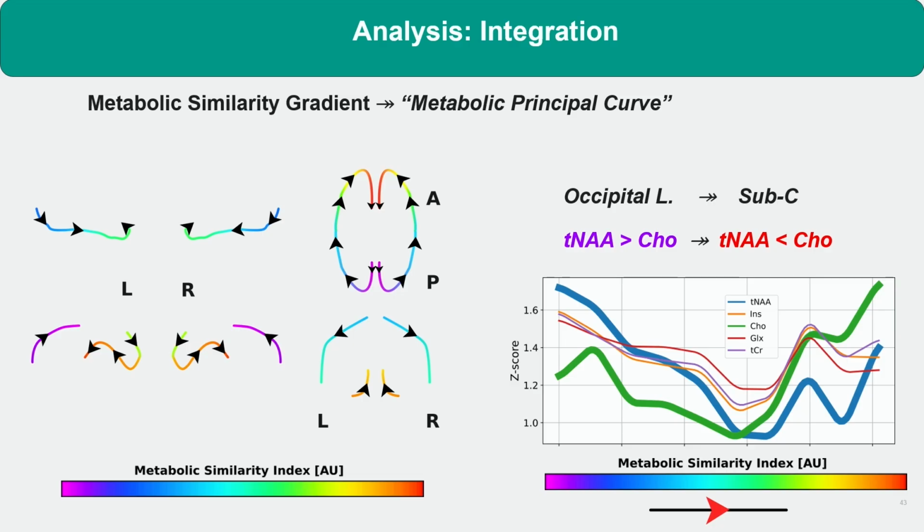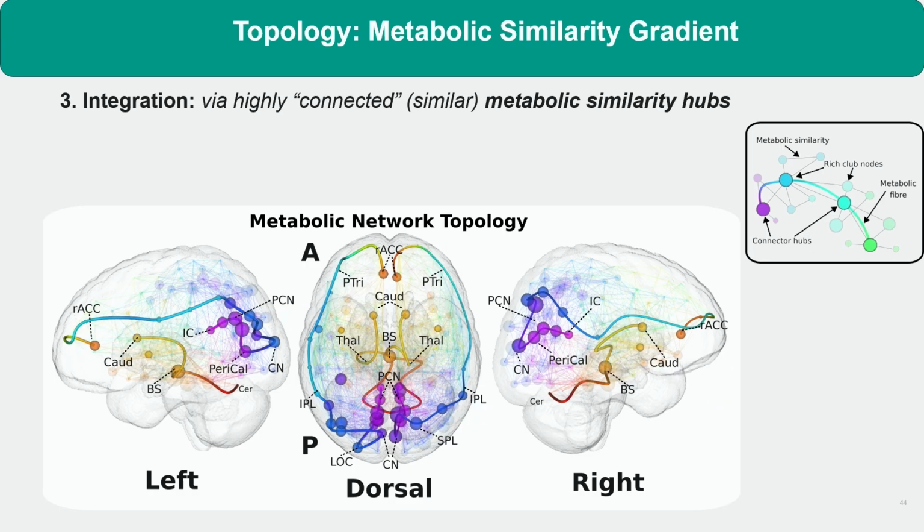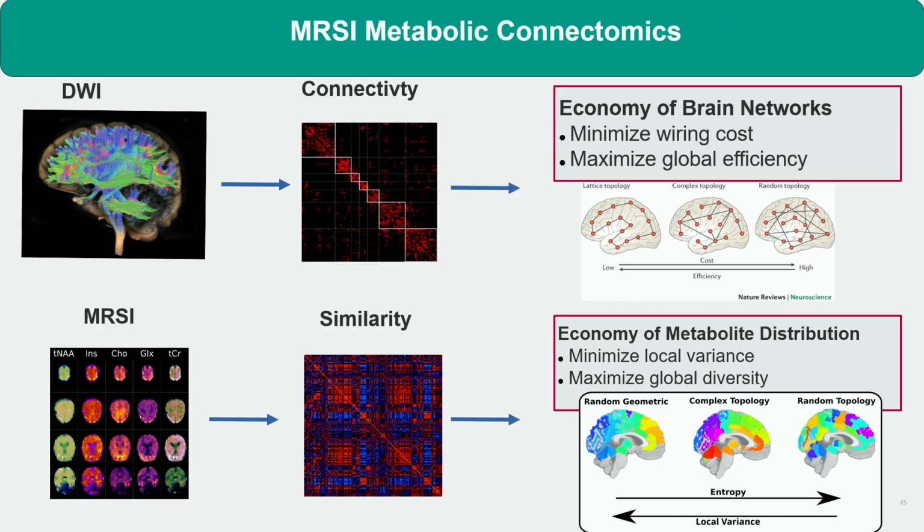We can map those curves back in 3D, and that's what we get. We get a progression of this metabolic gradient starting somewhere in the occipital lobe, going towards the frontal lobe and ending somewhere in the subcortical regions. And the nice part is that it's passing through all the high similarity nodes, the very well connected nodes in the metabolic sense.